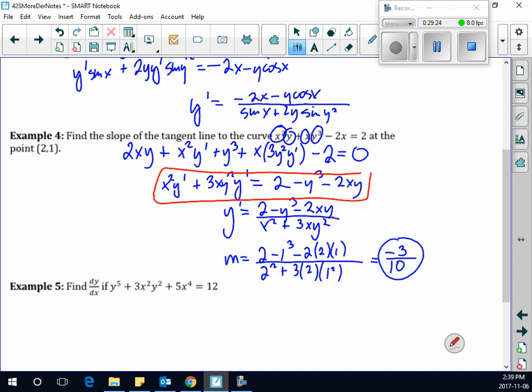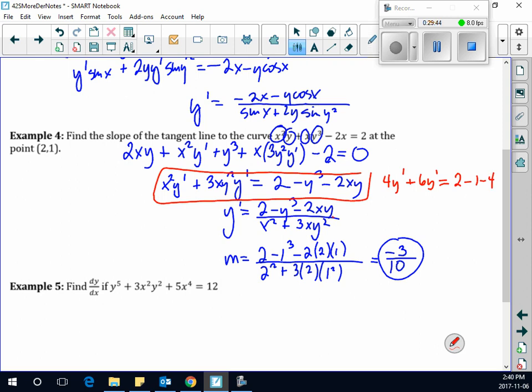So let's just see. If I put a 2 in there, I get 4y prime. If I put a 2 and a 1 in there, I get 6y prime equals 2 minus 1. And the x is 2, so then I get minus 4.